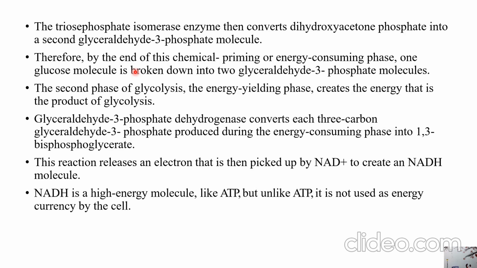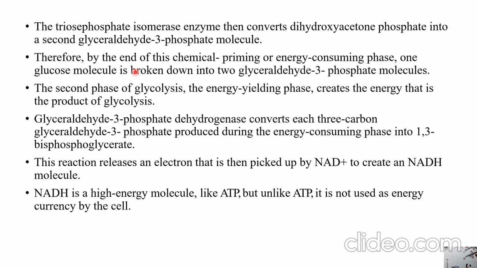Therefore, by the end of this chemical priming or energy consuming phase, one glucose molecule is broken down into two glyceraldehyde 3-phosphate molecules. So the second phase of glycolysis, the energy yielding phase, creates the energy that is a product of glycolysis. Glyceraldehyde 3-phosphate dehydrogenase converts each 3-carbon glyceraldehyde 3-phosphate produced during the energy consuming phase into 1,3-bisphosphoglycerate. This reaction releases an electron that is then picked up by NAD plus to create an NADH molecule.